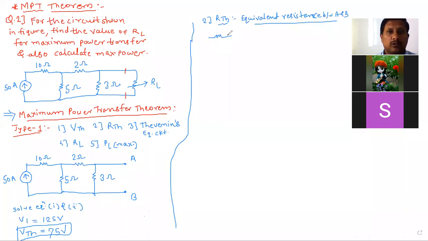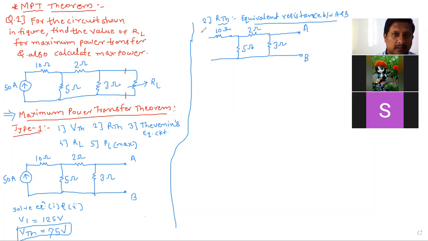So the 10 volt, 10 ohm stays as it is here. This 5 ohm, this current source is open, this 2 ohm and this 3 ohm, and we have to measure between A and B. So this is A, this is B. Between A and B you have to find RTH.